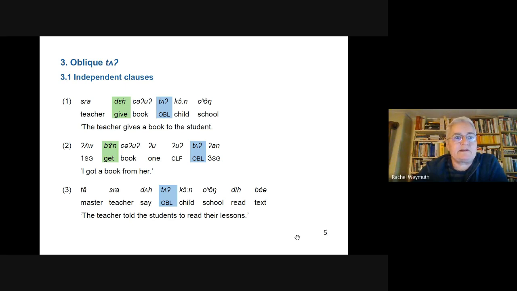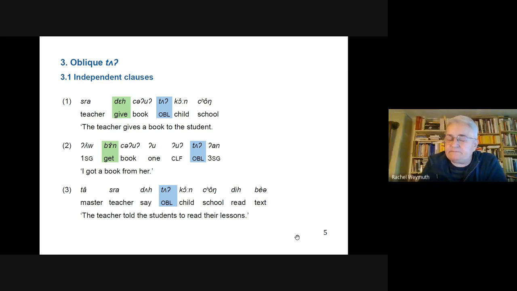Okay, then the oblique marker ta in independent clauses. As already mentioned, it is used for the G argument, or also the indirect objects. In example 1, the teacher gives a book to the students. We have the ta before child, school, that means student.